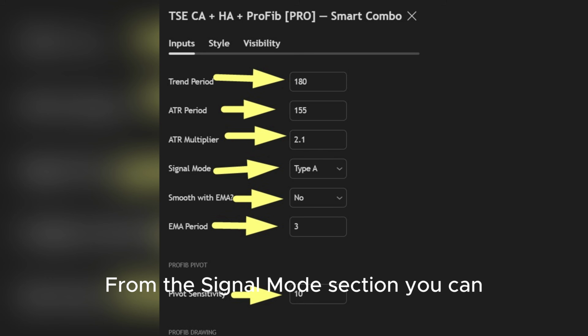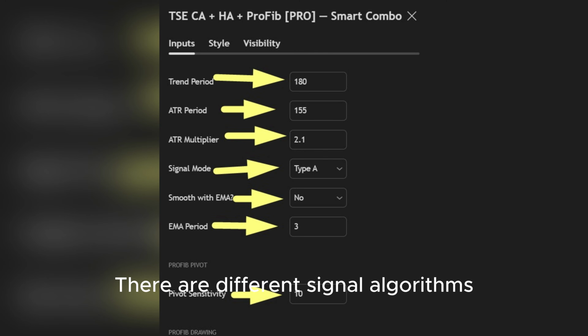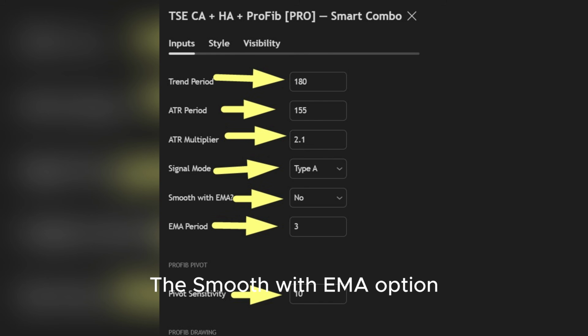From the signal mode section, you can choose the signal type. There are different signal algorithms available here. The Smooth with EMA option smooths the trend using EMA. If you want, you can set it to yes. If not, you can use no. The EMA period is the calculation period of the EMA. As you increase the value, the signals become smoother and more stable.